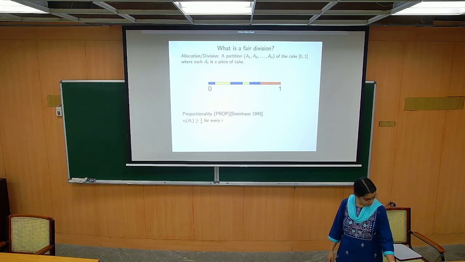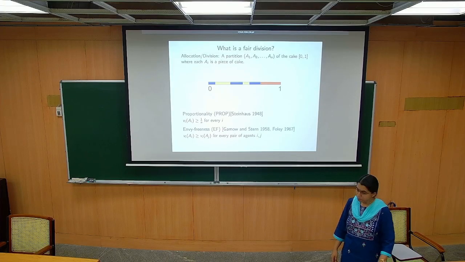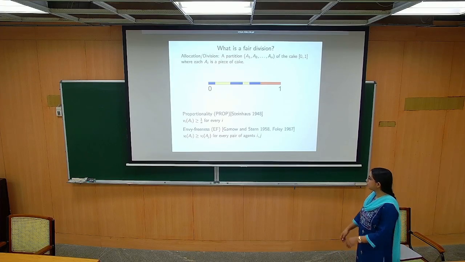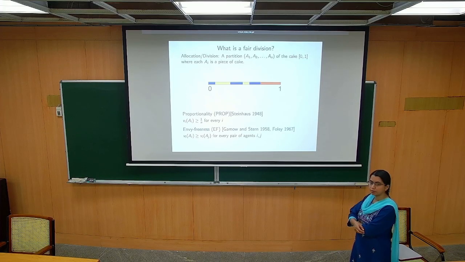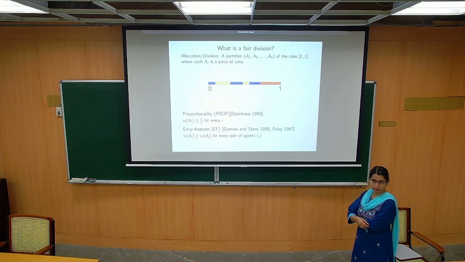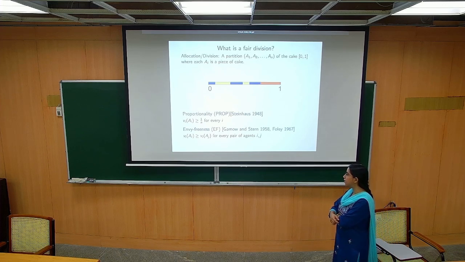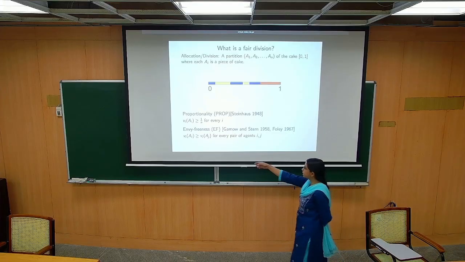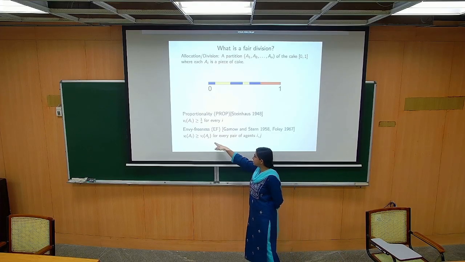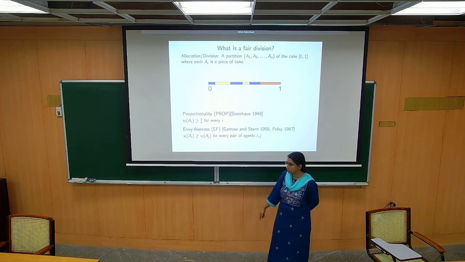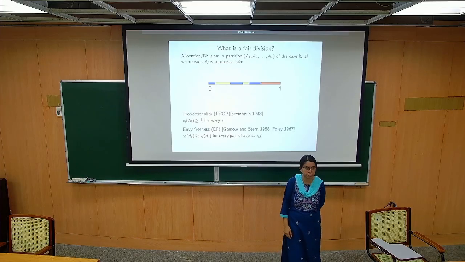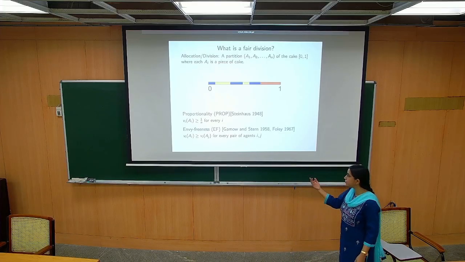And there is another notion we will see, that is envy-freeness, where the agent actually looks at what other people get and possibly envies other agents if they have a higher valued piece. So what we need for envy-freeness is that the value that an agent assigns to her own piece is at least as large as the value that she assigns to everyone else's piece.